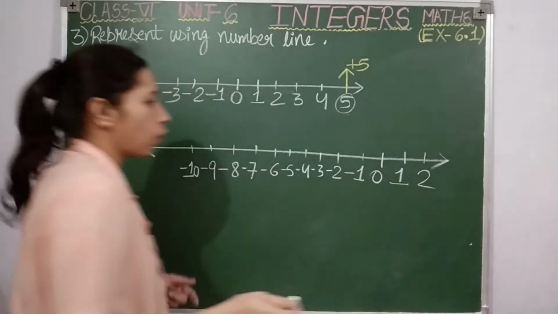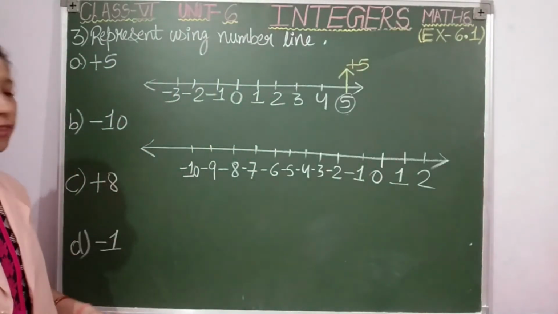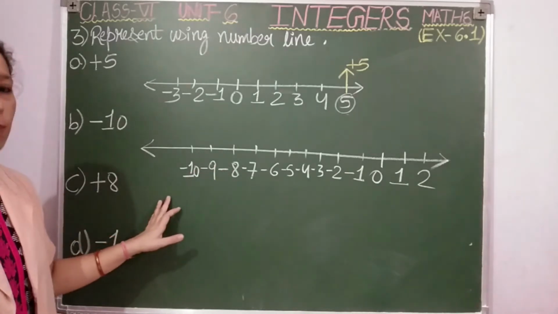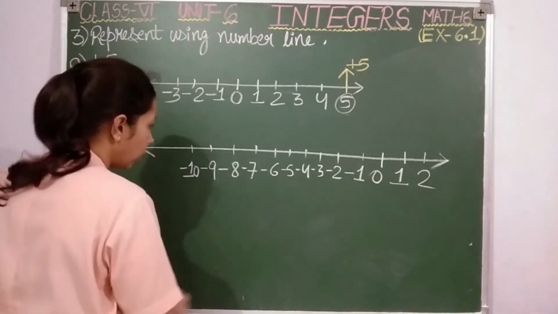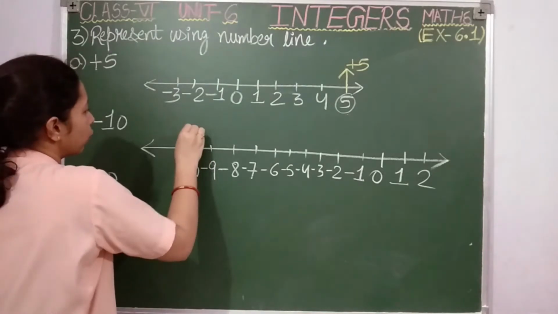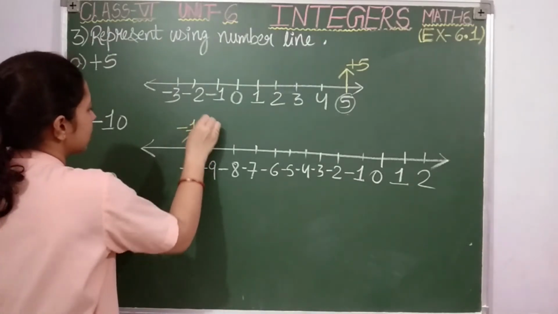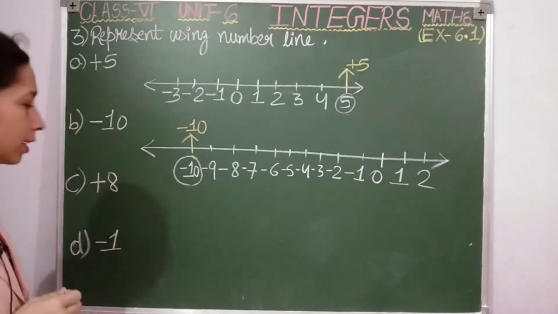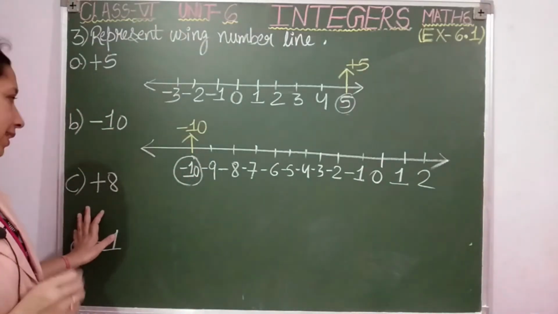I am just roughly drawing without any scale and pencil. Now you can see here on the left side of 0, it is written -10, students. So this only we have to represent. Either you can show like this, that here is -10, or you can circle -10. Clear, students?